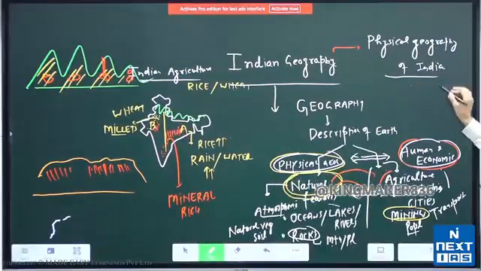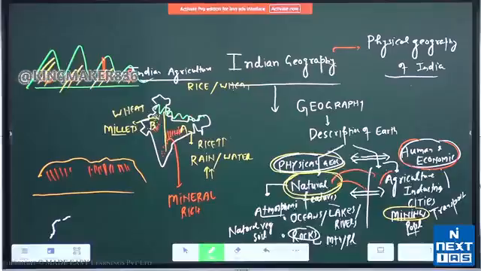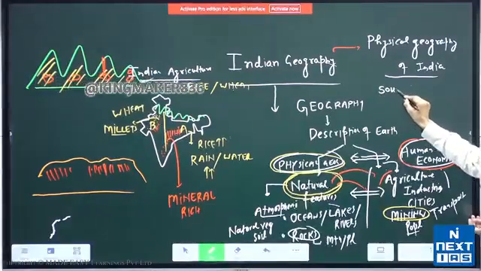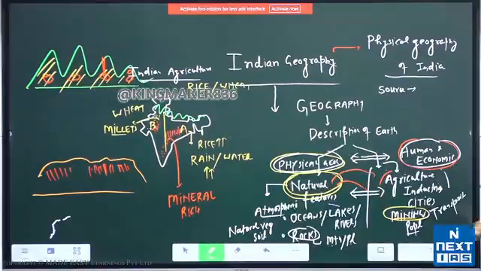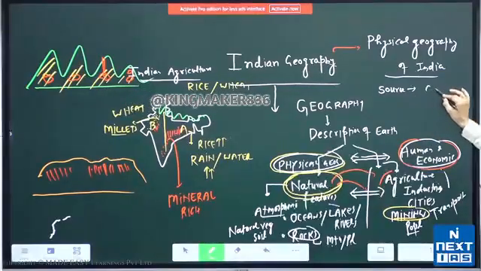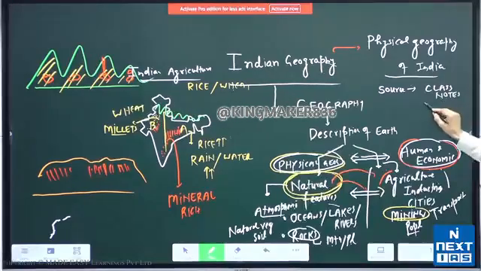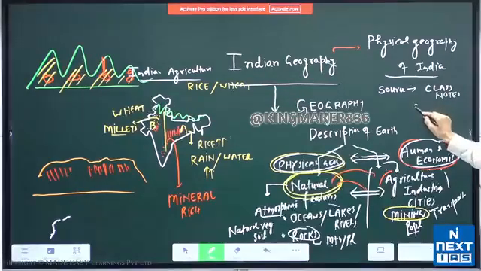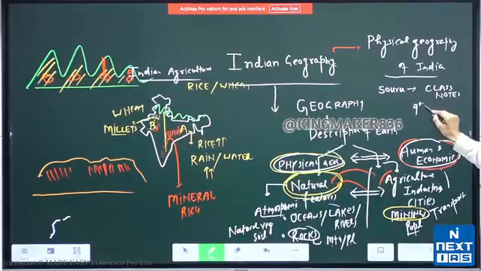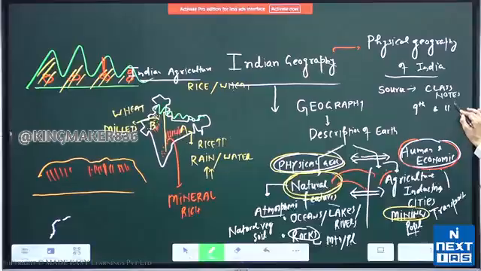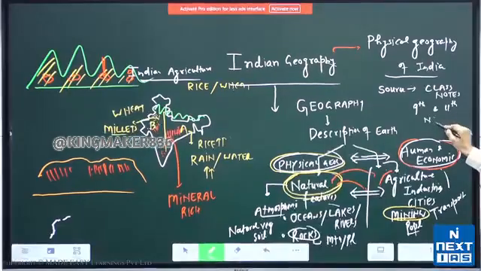This geography, if we discuss it source-wise, which source would be there other than class notes? NCERTs you can also club, especially the 9th class NCERT of India and also the 11th class NCERTs.